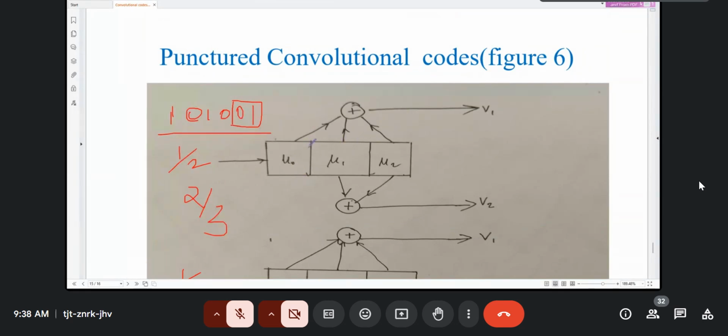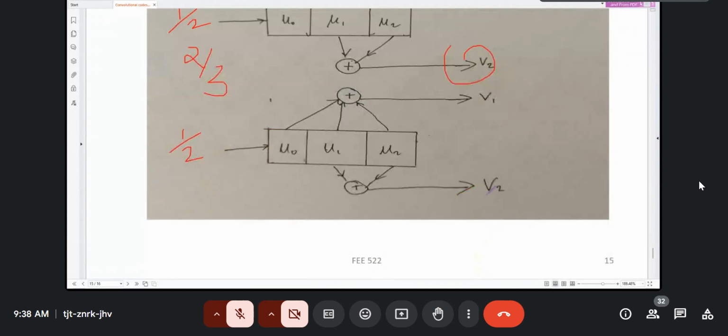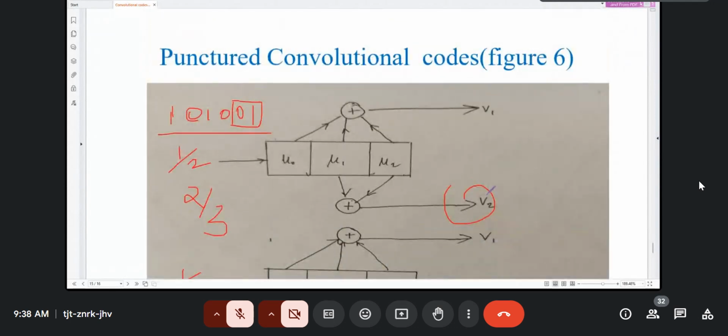They have the same algorithms. Now the puncturing is whether I am going to leave this out and use this as V1, this as V2, and this as V3, or do I leave this out? That is the puncturing matrix. It's a decision we will not get into. As I'm saying, it's another concept.